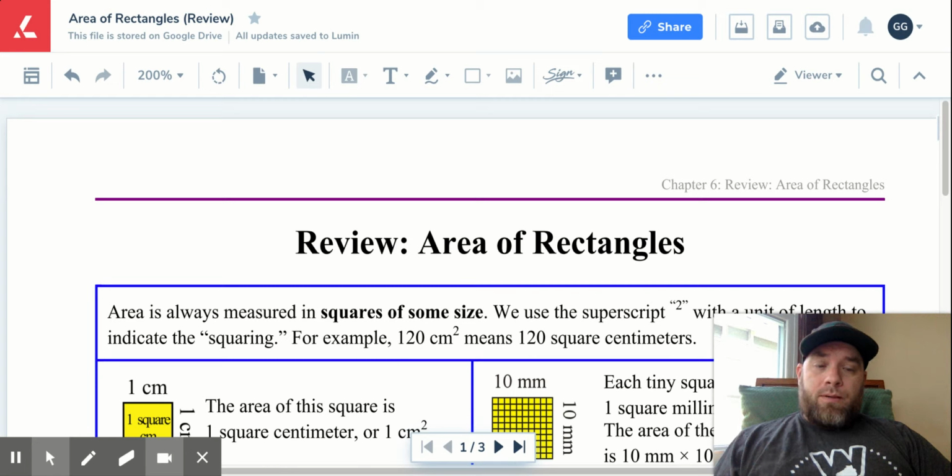I'm gonna do some practice problems with you, and then post this, and then post a blank worksheet for you to either print off or you can record your answers on a piece of paper and take a picture of it and submit it to me. So let's try this out. Again, this is review of area of rectangles.